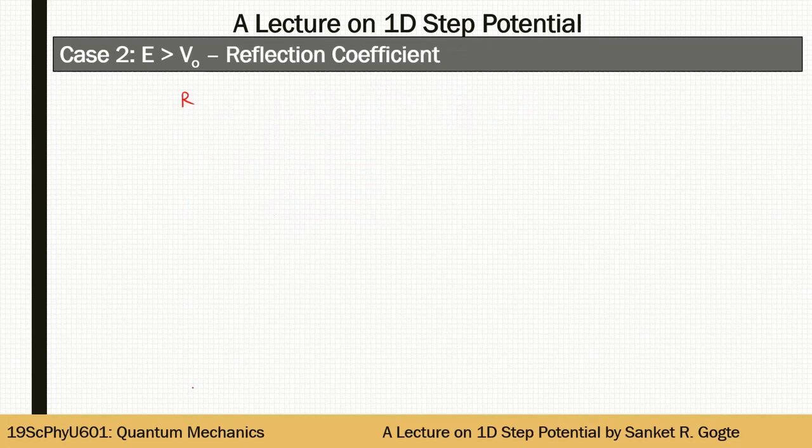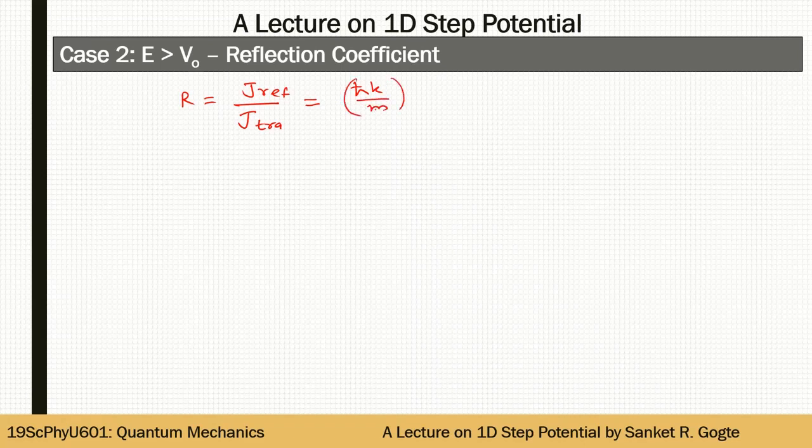So I'll calculate this ratio of J reflected to J incident, the ratio of probability current density. Remember, R is the probability that the particle is reflected when it is incident on the boundary, for this case when E is greater than V0, and it is now h cross k by m.